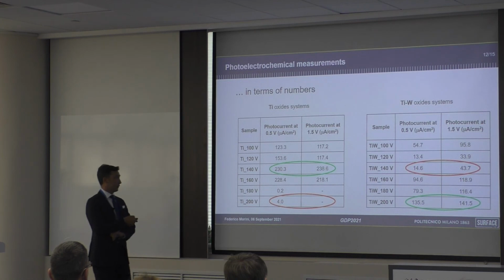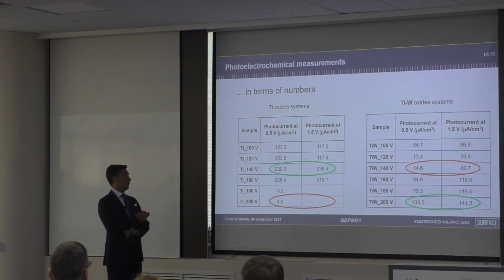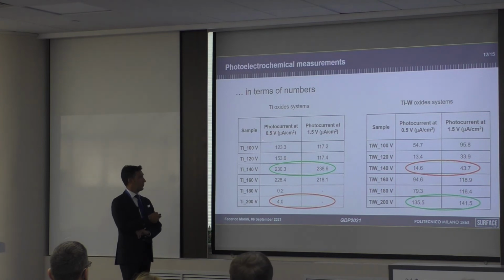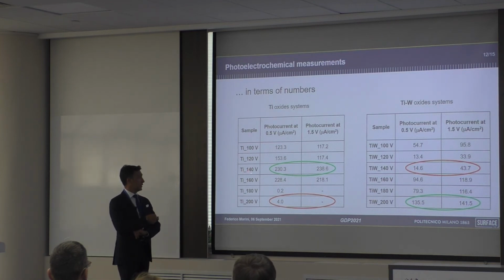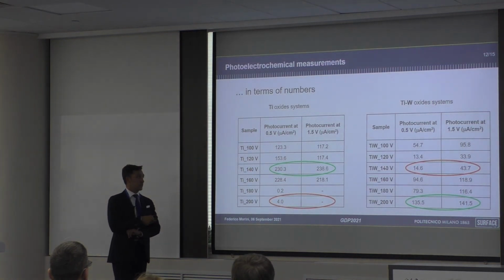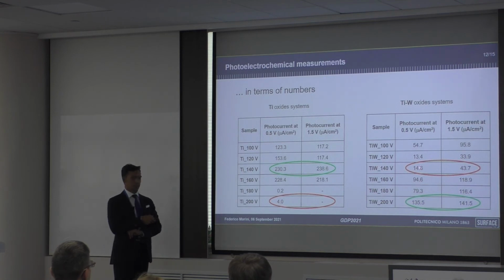Talking about numbers, we calculated the photocurrent at 0.5 and 1.5 volts, and we noticed that the most active material for titanium oxide is the one produced at 140 volts, while the titanium tungsten oxide shows very, very low values at the same cell voltage.